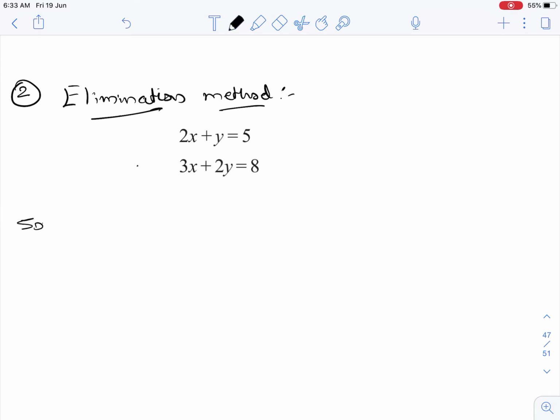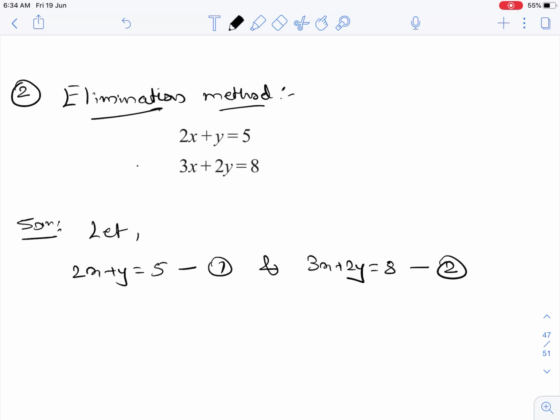Now, solution. Same condition, we have to consider that this one is equation number 1 and equation number 2. So let 2x plus y equals 5 be equation number 1 and 3x plus 2y equals 8 be equation number 2.